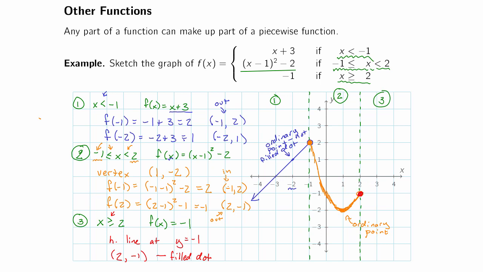I already have an empty dot there, but the filled-in dot takes precedence. Horizontal line, extending to the edge of my graph and beyond, because I'm including all of the x's that are greater than or equal to 2 on that part of the graph. So this was just the same as the previous problem, except that one of our functions was not linear, which is just a thing that's allowed to happen in piecewise functions.